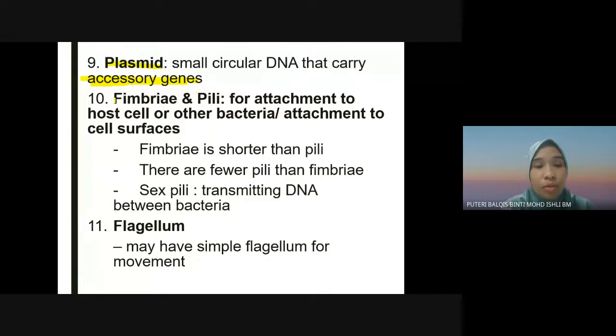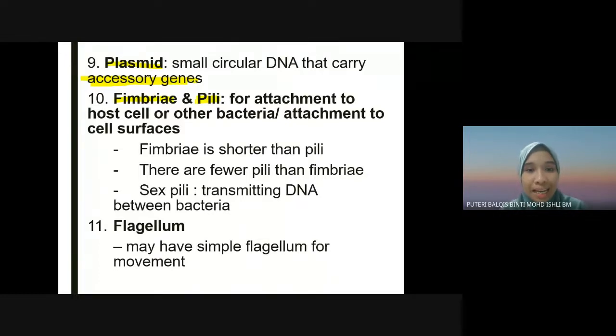Okay, for next structure, it has fimbriae or pili. Okay, kita tak sebut pili, kita sebut pilai. Okay, pilai. So function of fimbriae and pili is attachment to host or other bacteria. So for example, if the bacteria is parasite, the bacteria need host to survive.